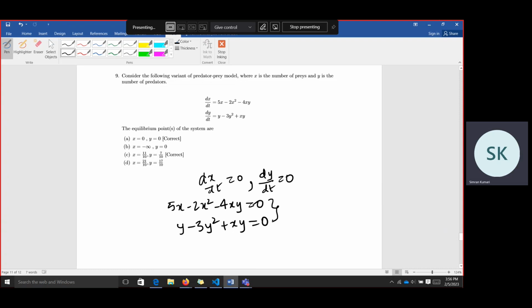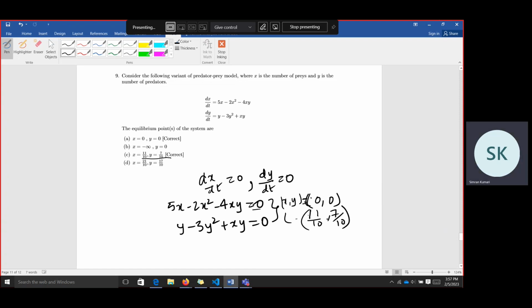From here we can get a trivial solution: if we take x equal to 0 and y equal to 0, obviously this will be 0 and this will be 0. So one solution is 0, 0. Another we have to solve, and that will be 11 by 10 and 7 by 10.